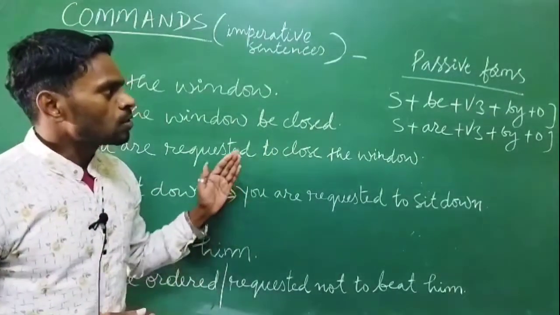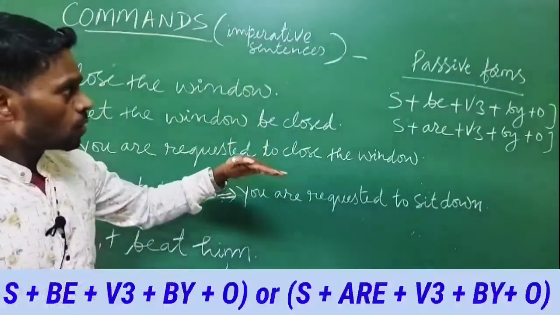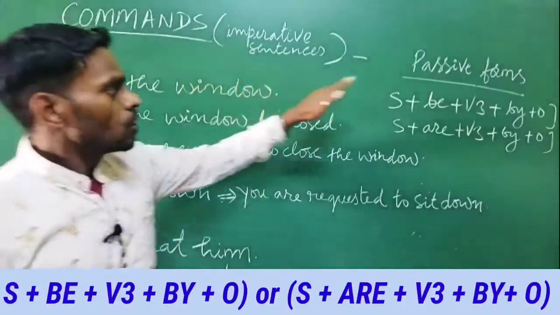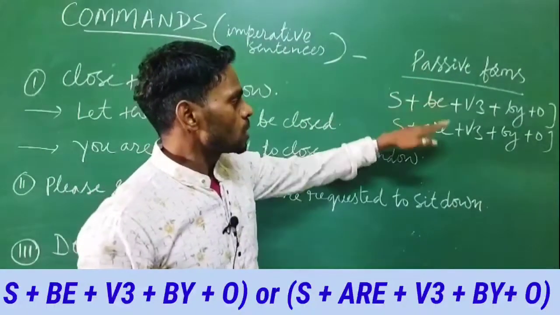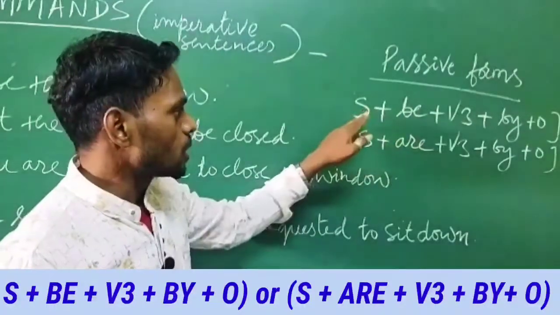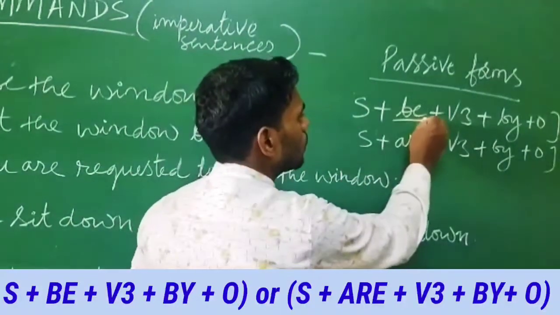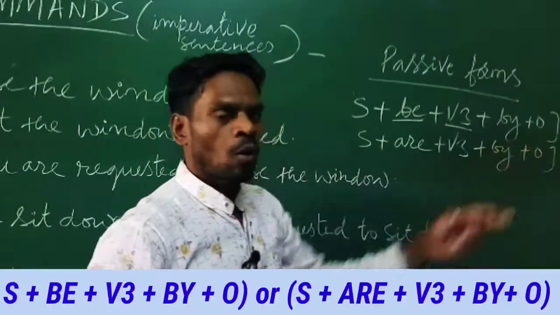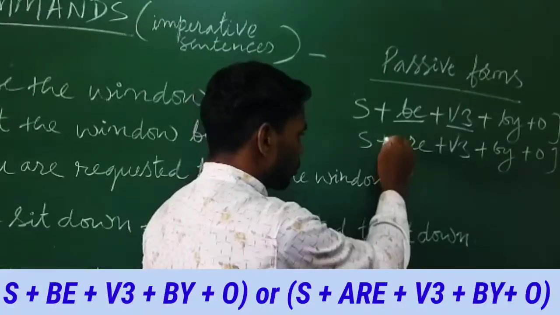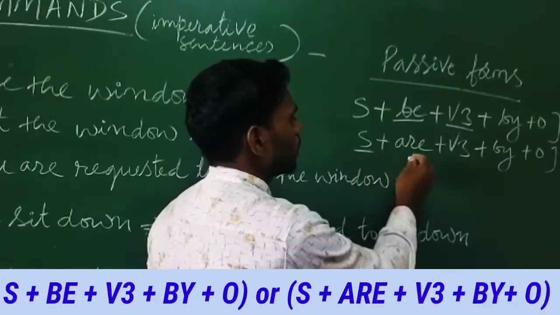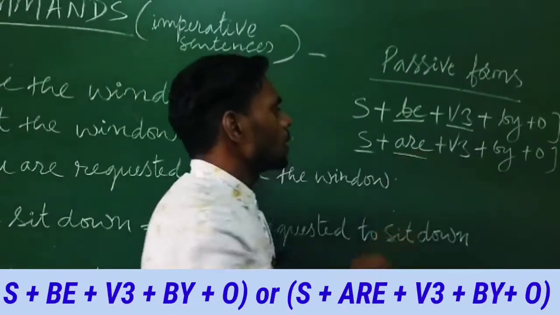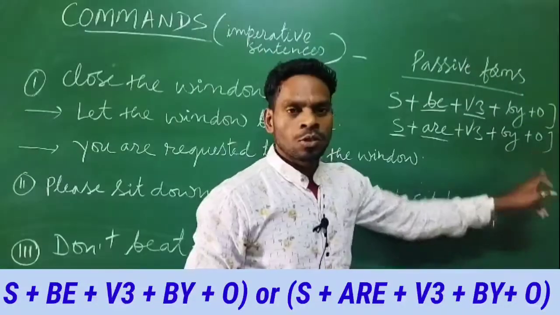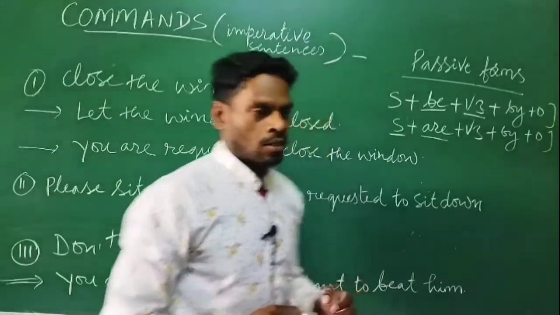To change an imperative sentence or command, you need to follow this pattern. First it will be subject, then be, then the third form of the verb, then preposition, and then object. Or you can also follow subject, then helping verb are, then the third form of the verb, then preposition, and then object.